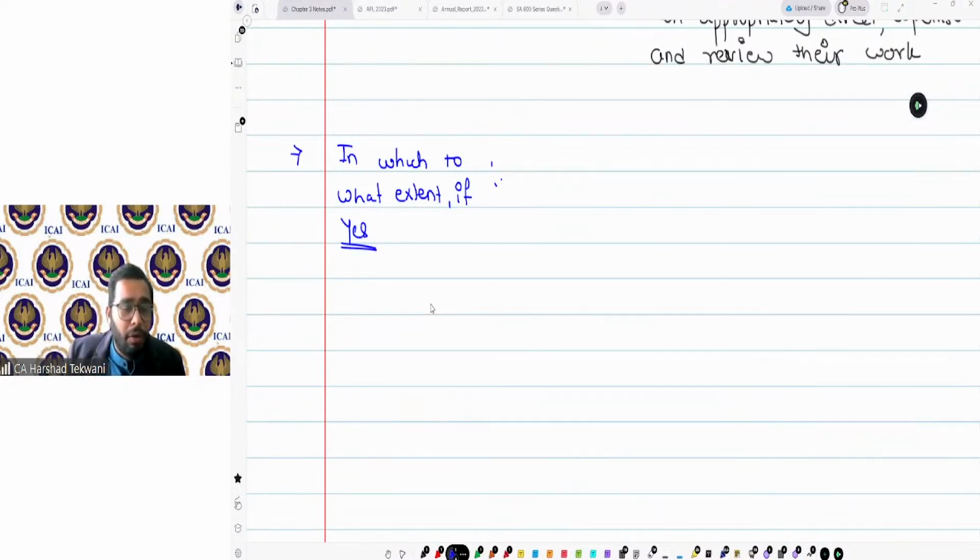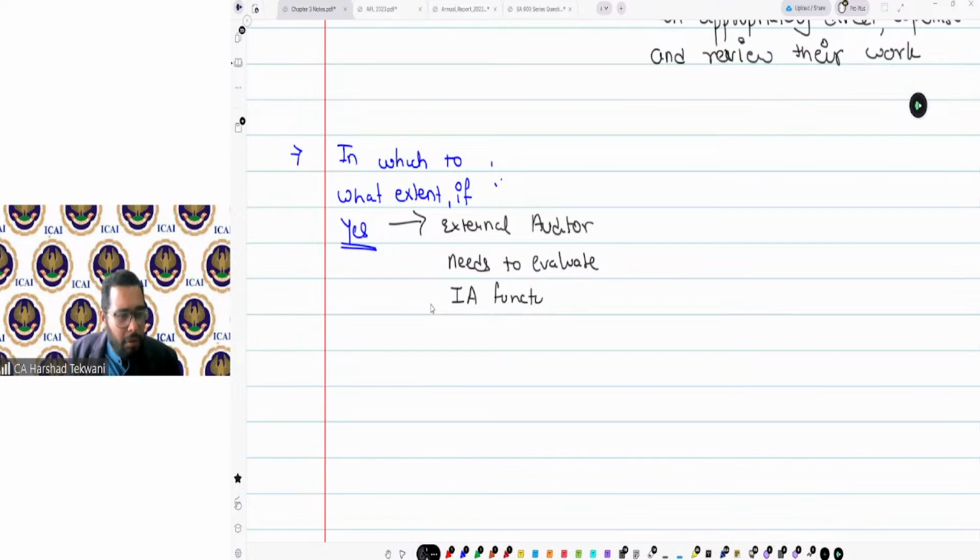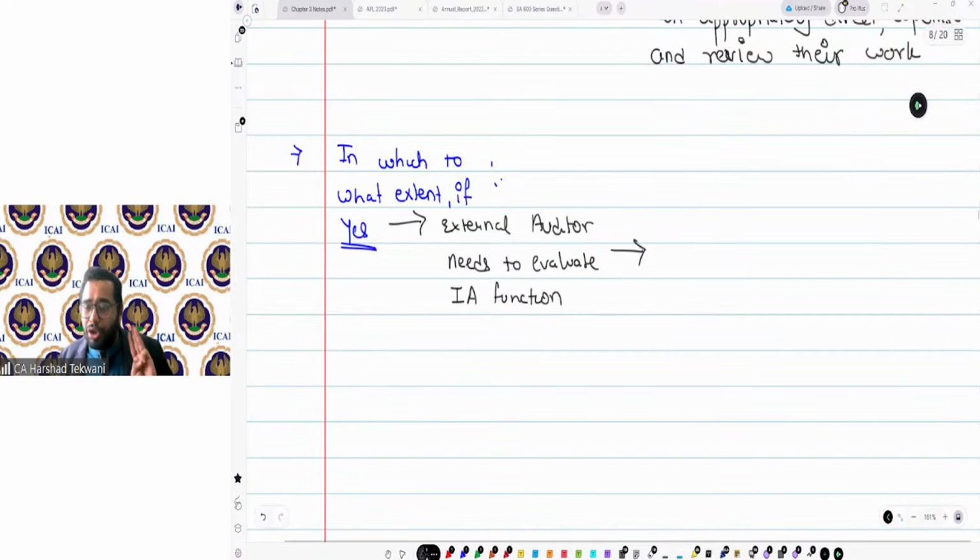And for this yes, the external auditor needs to evaluate the IA function, the internal audit function. How will I do that? By looking into three areas.